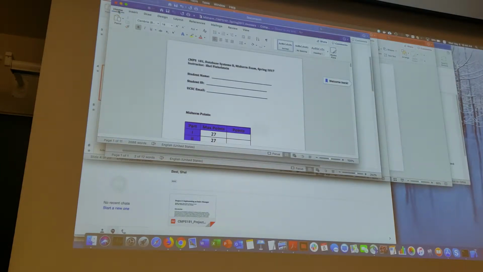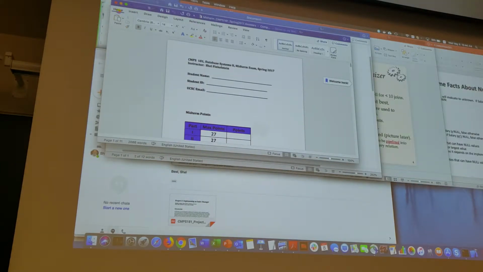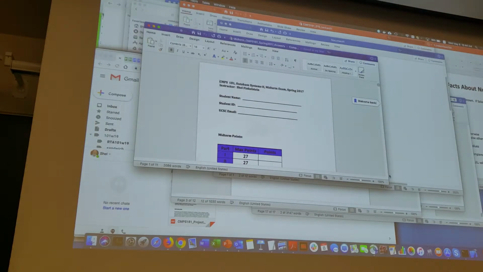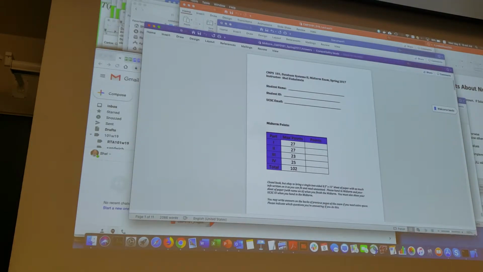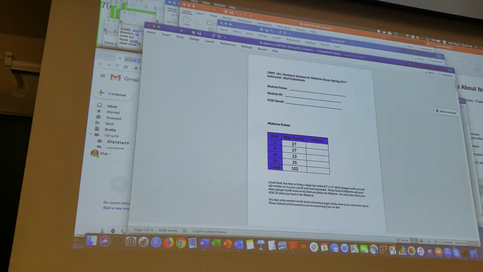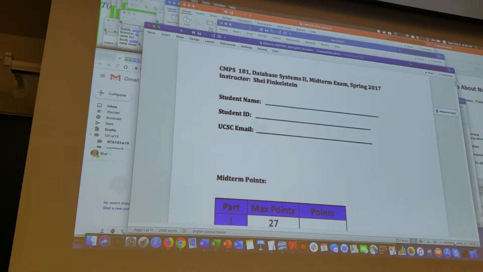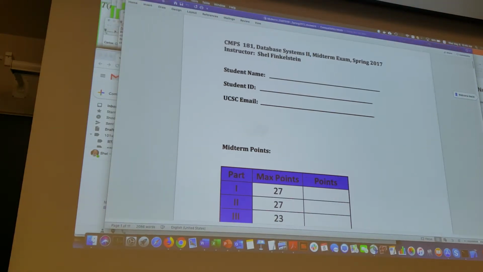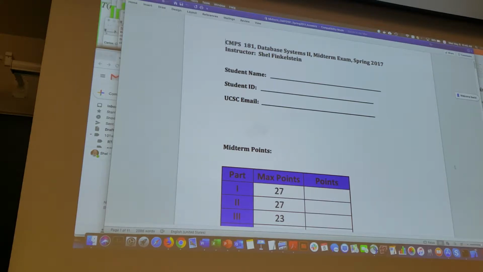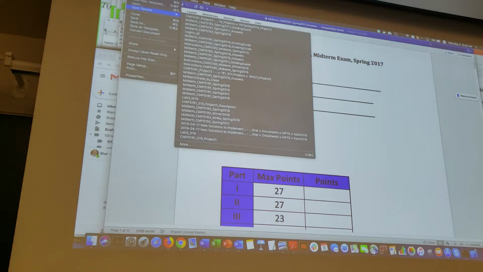Anyway, you'll see how that goes when you get the answers. So I'm just going to make this bigger, and we will go over the answers of what's on here fairly quickly. But oops, that's the wrong exam that I opened. So let me open the one that is actually from this year.